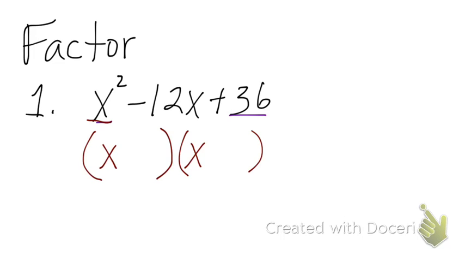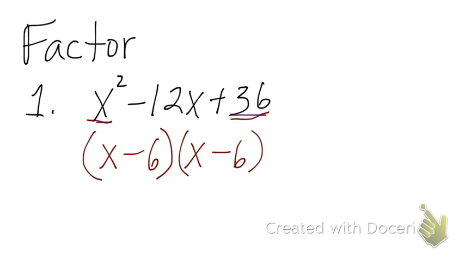That's x times x, and then what times itself is equal to 36? That would be 6 and 6. It's either 6 times 6 or negative 6 times negative 6 to get positive 36. Since our middle term is negative, they must both be negative.